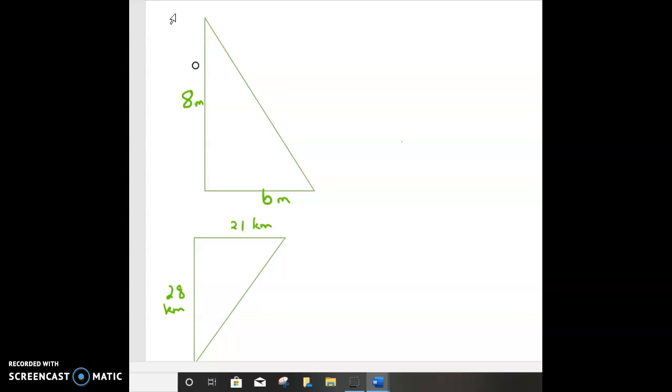Classic examples that students get are things like, this second one is probably the kind where you say there are 2 boats that leave the same point, one goes 21 kilometres in an easterly direction and one goes 28 kilometres in a southerly direction. After so much time, how far away are they from one another? That kind of thing. The context isn't so important right now. It's just about you seeing the kinds of things that you can show students.